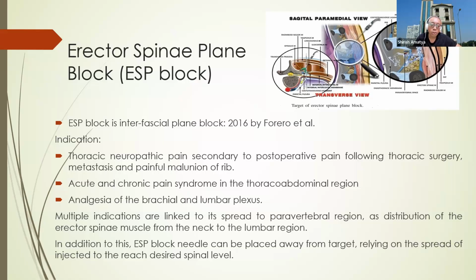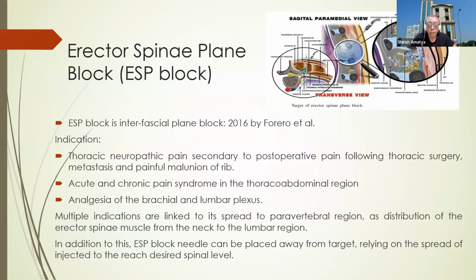This block can be done from the neck to the lumbar area, because along the whole spine we can easily identify the erector spinae group of muscles, and simply by injecting the drug at the deepest part of the erector spinae muscle at the tip of the transverse process, we can block a wider area of the thorax, abdomen, or lumbar area.